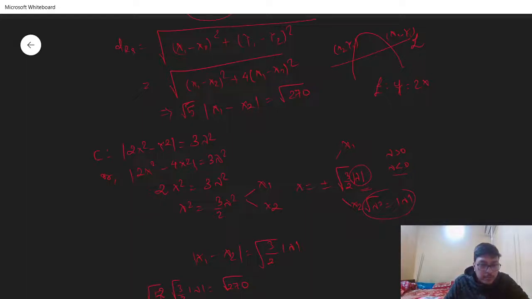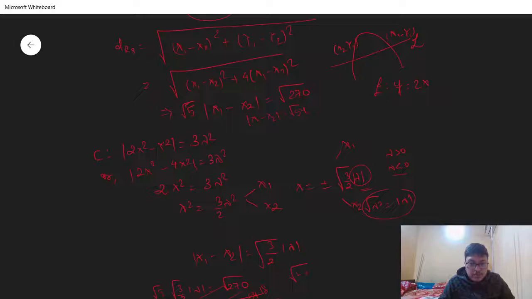So we would get mod lambda as root 270 by 5, into 2 by 3. This will be root 54. I think I've committed a mistake here.